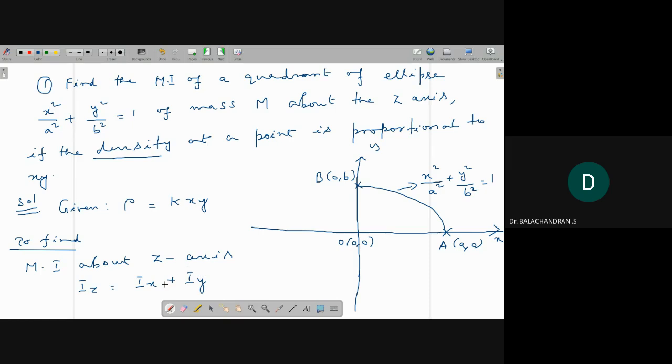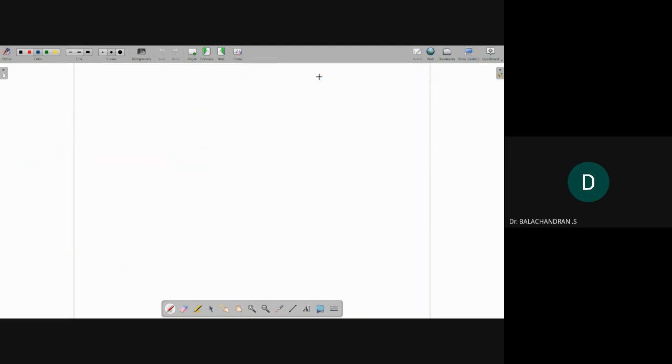So now I am going to find Ix. Before finding Ix, what is Ix? Ix is equal to double integral over A, rho into y square dx dy.